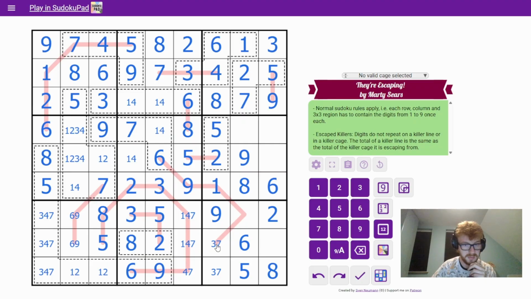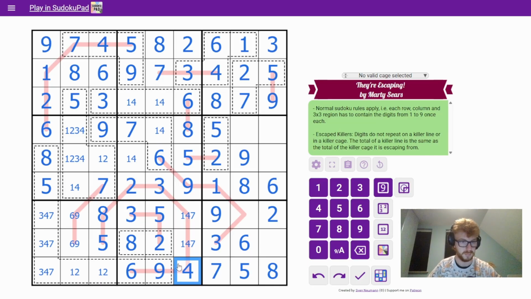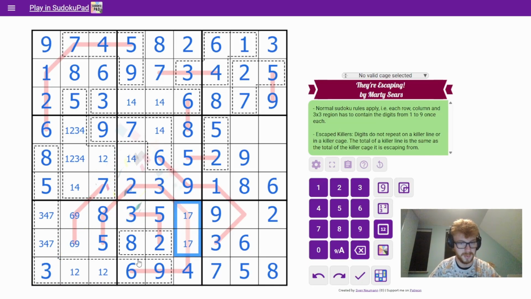If that's a 7, then that must be a 3. Because then that has to be a 4. Yeah, okay, so that isn't a 7, that's a 3. 4, 3. Another 3 in the corner. Because why not? Oh, those are missing.